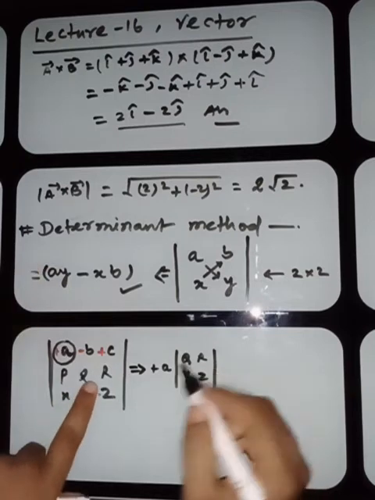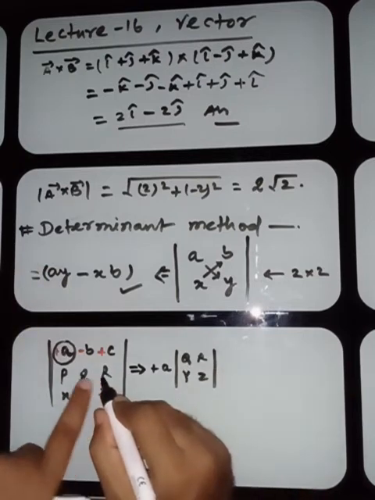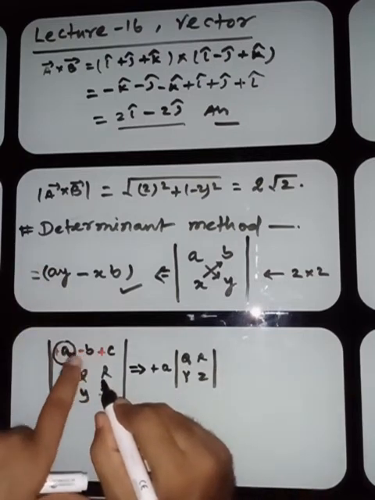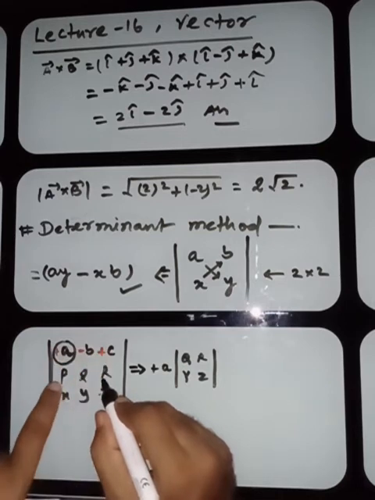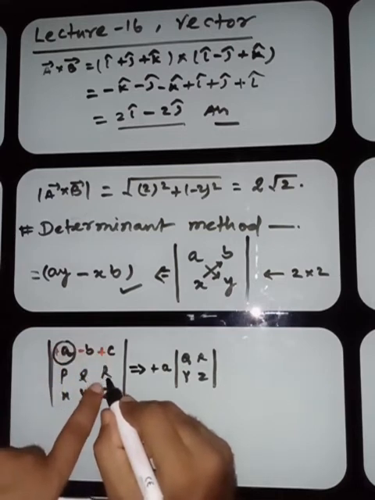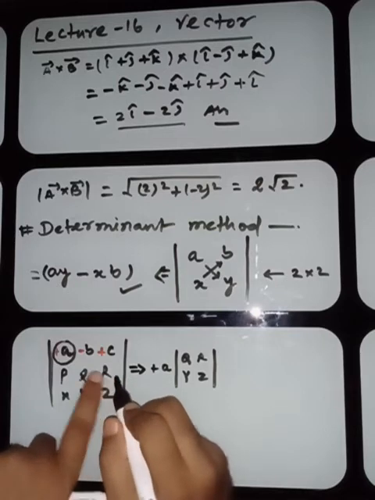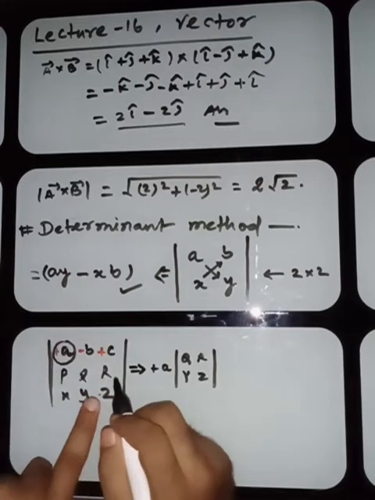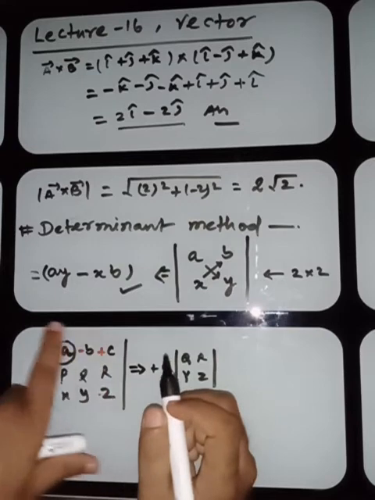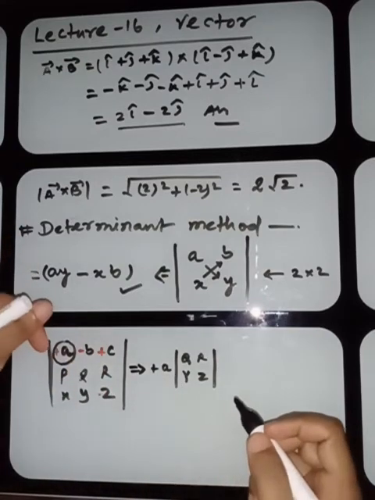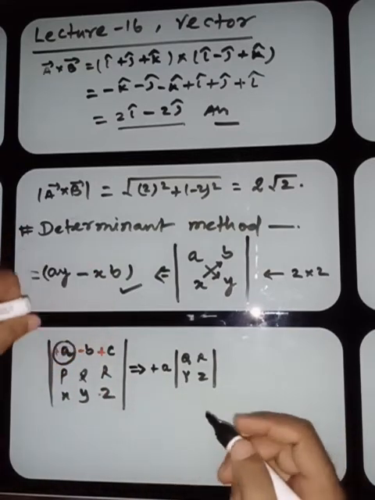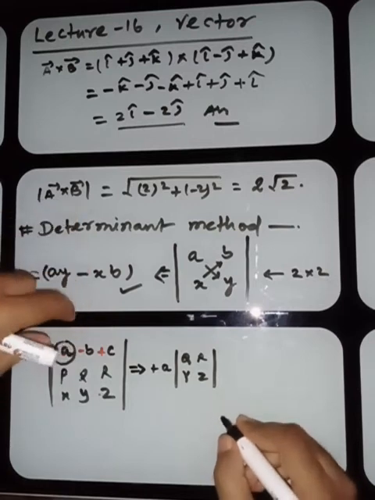If it is minus R and you are giving the nature, then you are providing the minus nature here, so the minus will be plus. My dear students, you are not supposed to give the nature to the other members. You have to give only the nature with which you are going to split this determinant. These 3 members are sufficient to split this determinant.